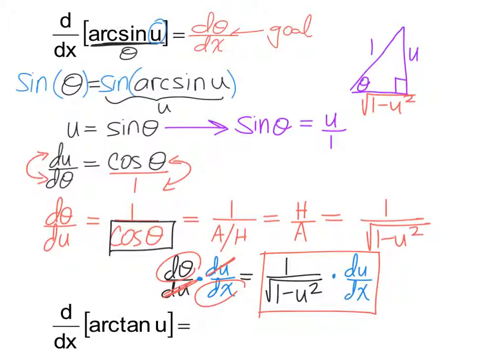So if I said something like d dx of the arc sine of 5x squared, this would be my u. Follow the model. 1 over the square root of 1 minus my u, which is 5x squared, multiplied by the derivative of the u.